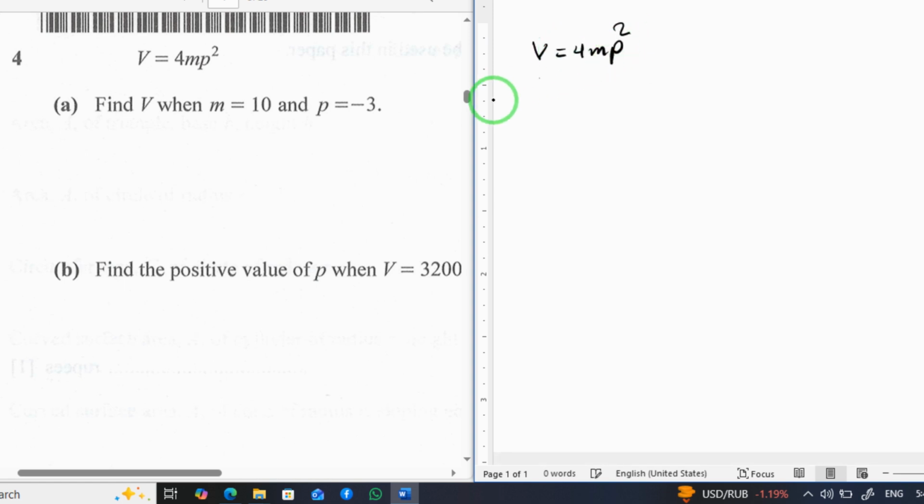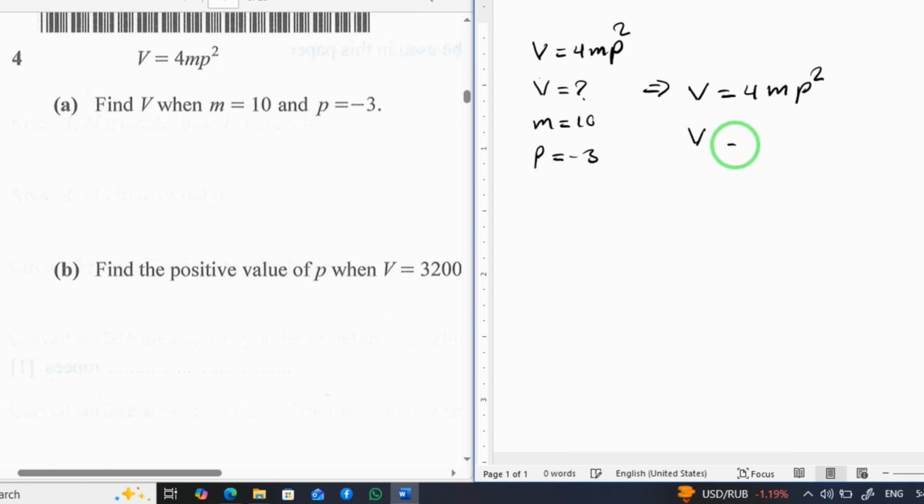Next question here is: given a formula v equal to 4mp squared, find the v. We should calculate or find the value of v when m is 10 and p is minus 3. So we can write here v equal to 4mp squared.